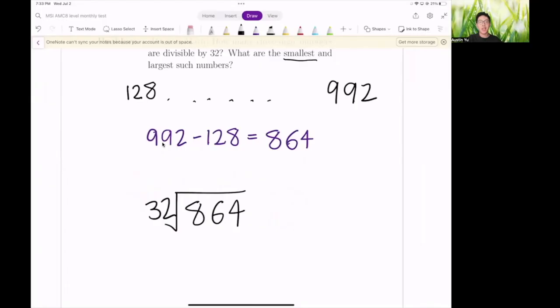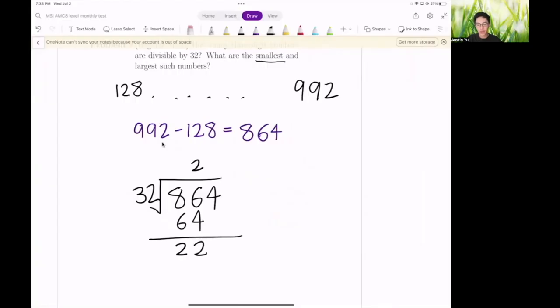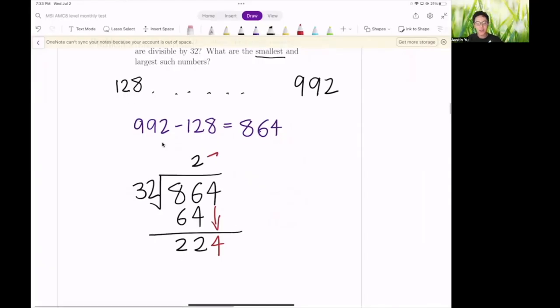So 32 goes into 86 two times, 64, and then 22. And then we pull down the 4 here. And this time we have to solve 224 divided by 32. That just gives us 7, right? So you would think it's 27, but wrong, because when we subtract 992 minus 128, we are actually subtracting both of them, so 128 was not counted. That means we actually have to add back the 128.